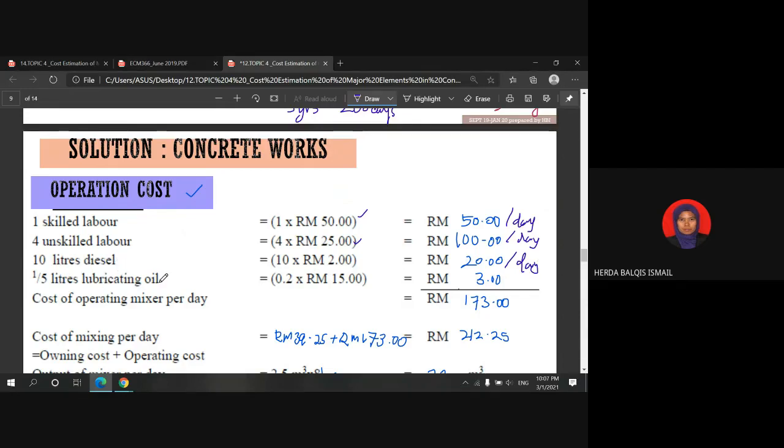And for the lubricating oil, it is 15 ringgit per liter. So multiply with the constant 1 over 5 or 0.2, and you will get 3 ringgit per day. Thus, the cost of operating the mixer per day is 173 ringgit once we total up all these components.